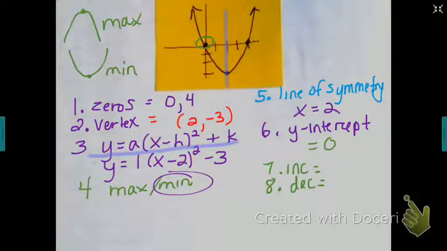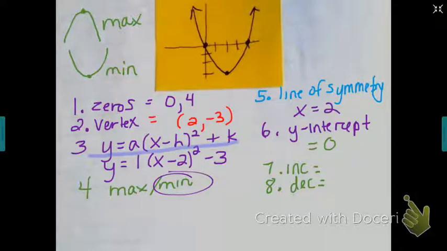So if you're looking at this parabola and you read it like a book and you start on the very left, is it increasing or decreasing at first? Decreasing. Do you agree? Because it's coming down. Starting way up there and it's coming down. And then it starts increasing there at the vertex, right? Because at the vertex is where it changes and starts going up. So this graph decreases and then increases.